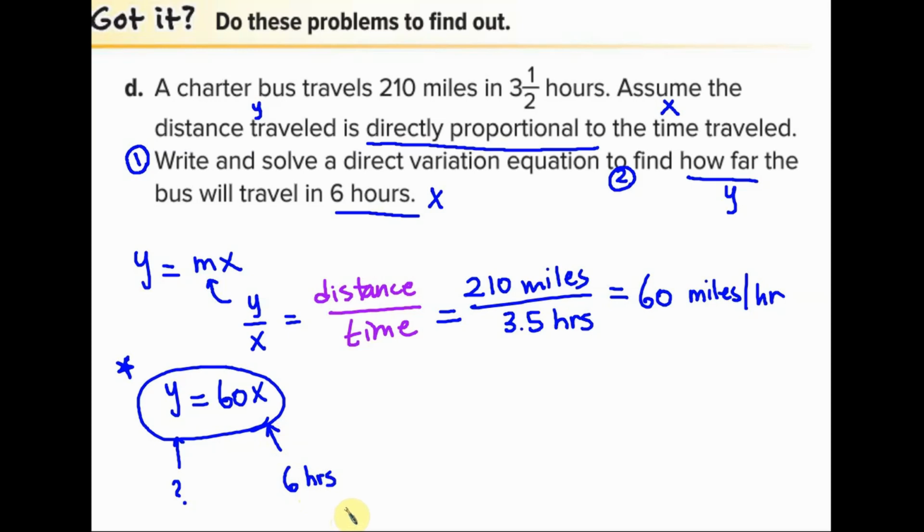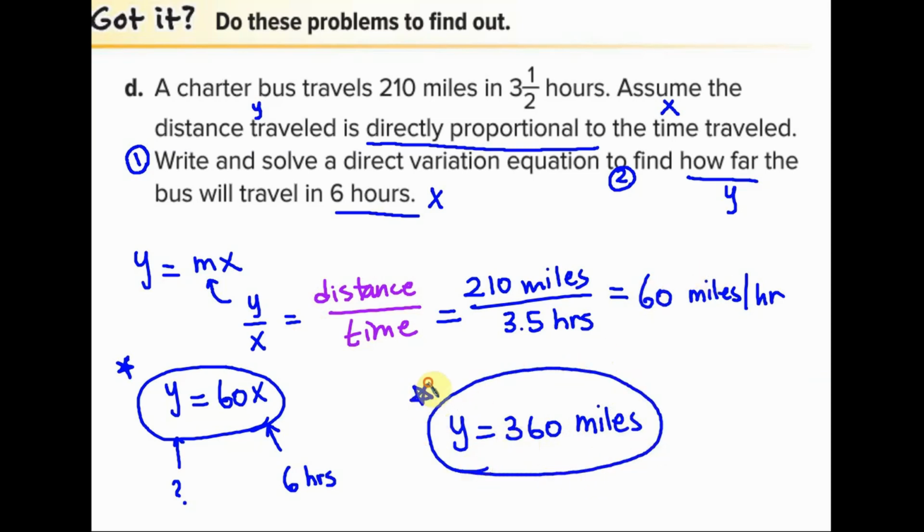Similarly to what you've done in the previous problem, you're going to multiply these two numbers, where the x is representing the 6. So 60 times 6, I get y is equal to 360, and this is representing the miles that it traveled for 6 hours. So this becomes my second part of the answer.